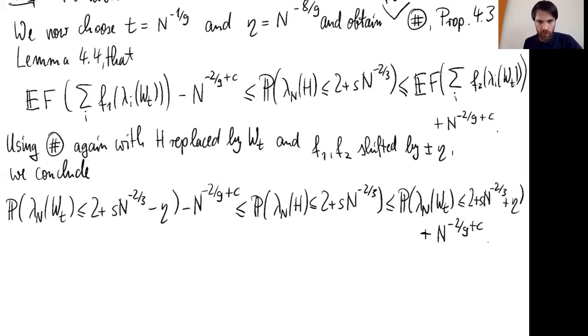So that's already good. And now we do what I said before, namely we compare. Now we know that this lambda n of wt has the same distribution as the lambda n of t if I started at the w0, and then we can compare this with the mu's, which have the distribution of the eigenvalues of a GOE matrix.